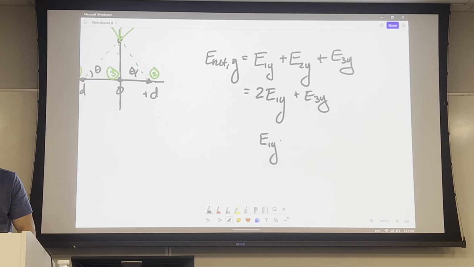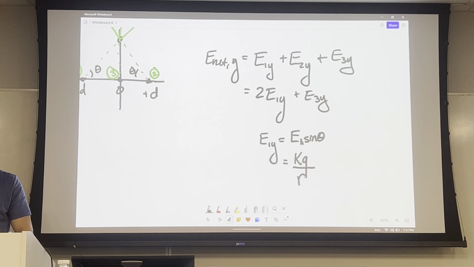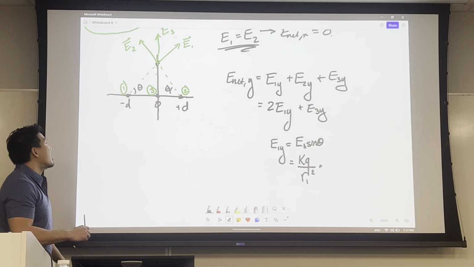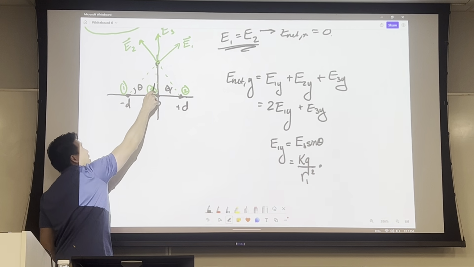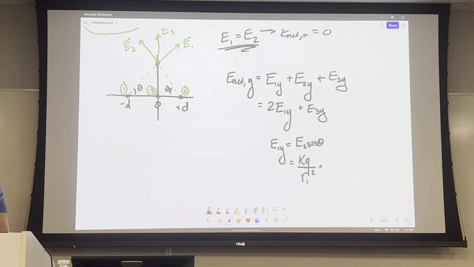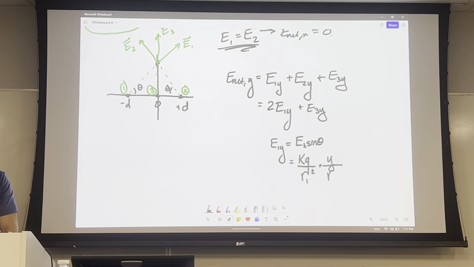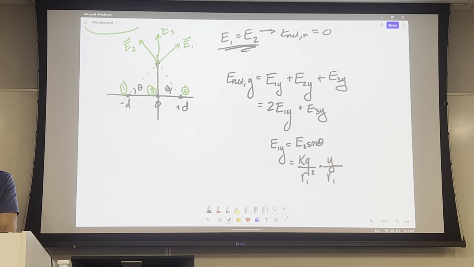Where E1y is E1 times the sine of theta, which is KQ over R1 squared times sine of theta. Sine of theta is the opposite over the hypotenuse, so that's going to be y over R1.